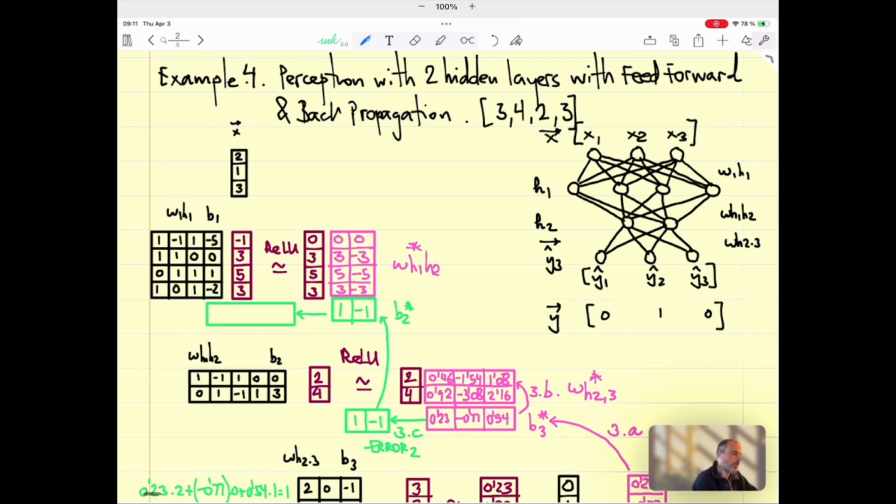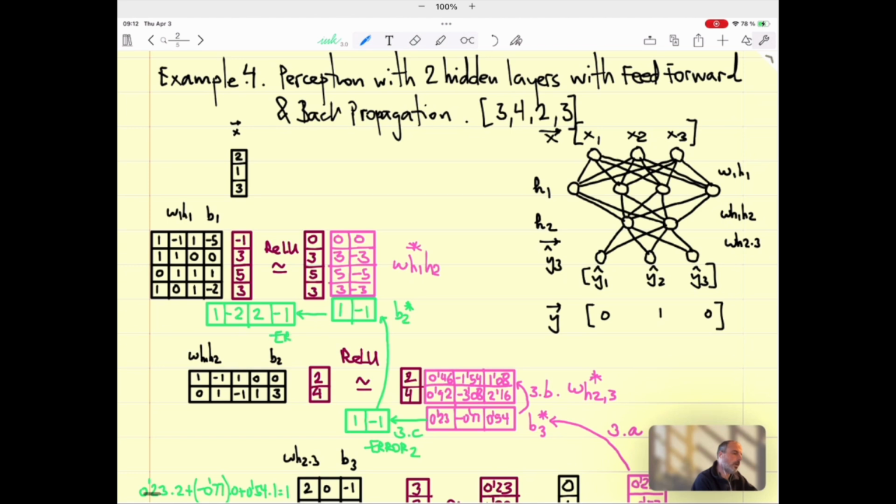And then we get here 1 times 1 minus 1 times 0 gives 1. 1 times minus 1 minus 1 times minus 1 is minus 2. 1 times 1 minus 1 times minus 1 is going to be plus 2. And the last one is minus 1. So this is going to be our error 1.